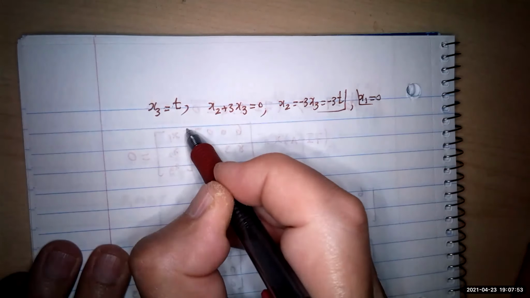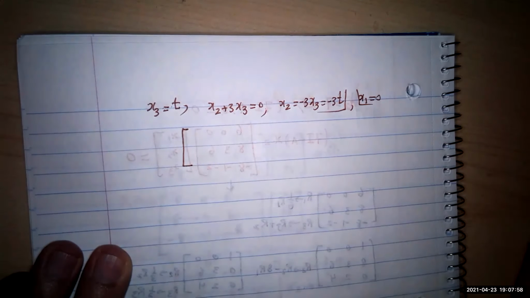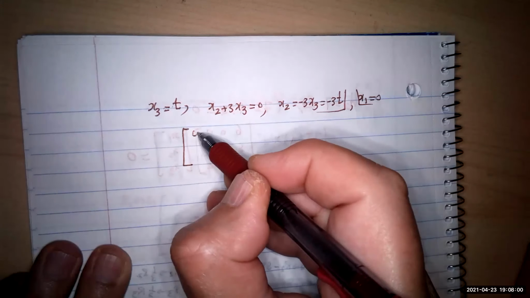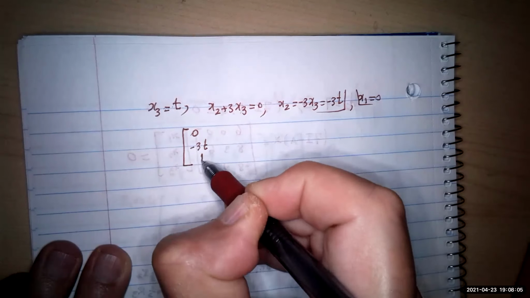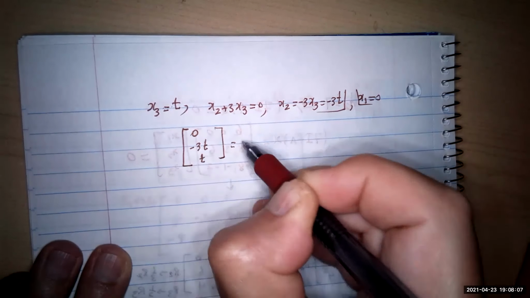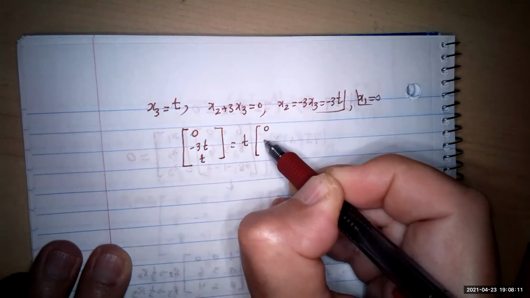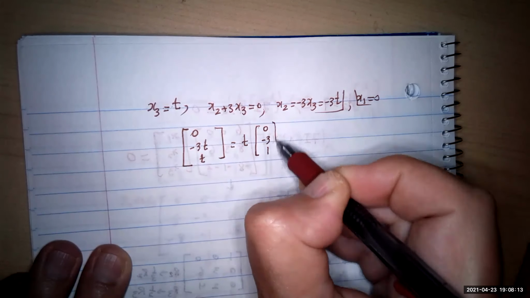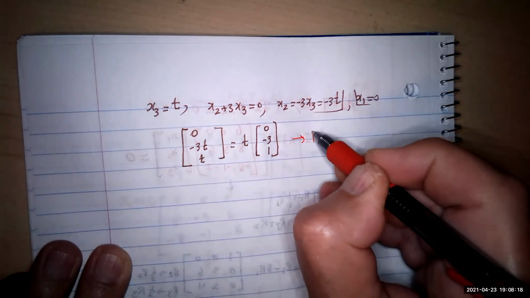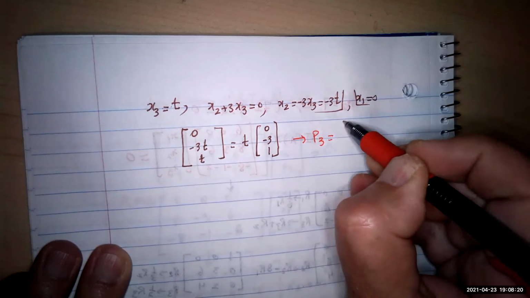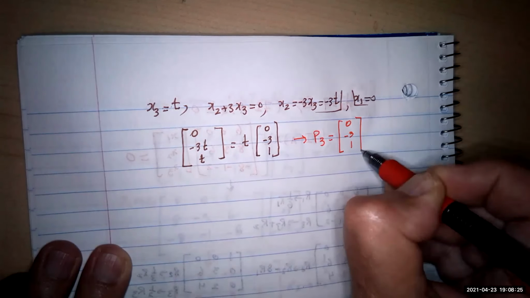So the vector in question is going to be x1 equal to 0, x2 is negative 3t, and the last one is t. Pull out the t, that gives you 0, negative 3, and 1. So this is going to be P3. So P3 is going to be equal to 0, negative 3, and 1.